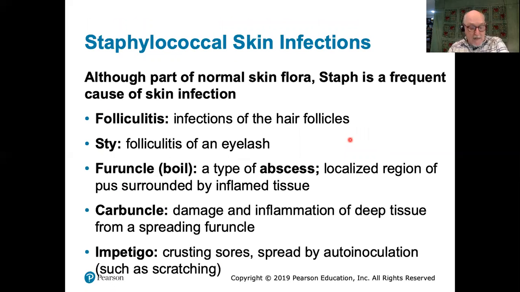So Staphylococcus in the skin causes a wide range of different diseases, some of them mild and more a nuisance, others really more serious. And first of all, one of the routes to the inside of the skin is through hair follicles.